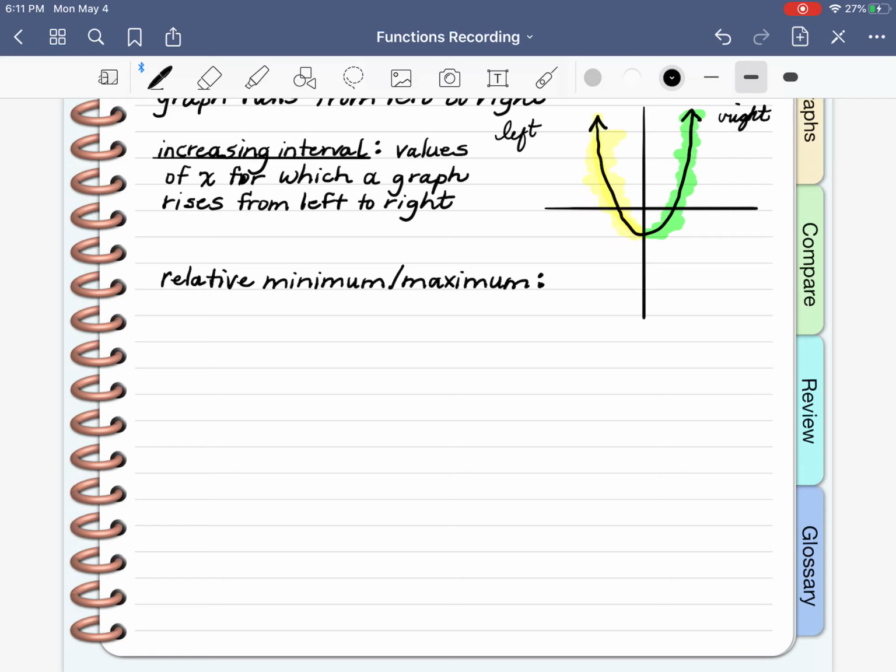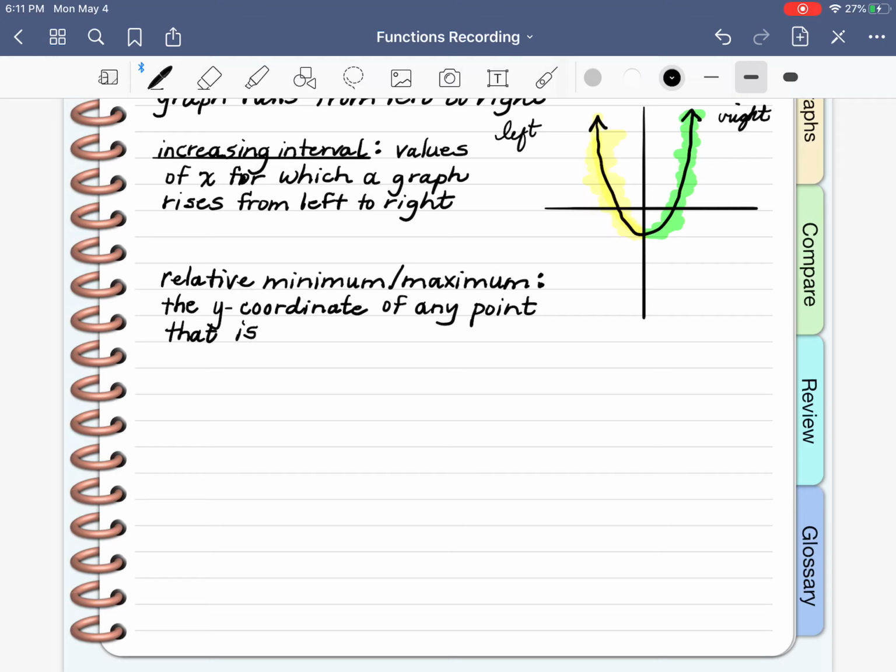Relative max and min refers to the y coordinate, because minimums and maximums relate to height and depth. So we're talking about y coordinates of any point that is the highest if you're talking about a maximum.